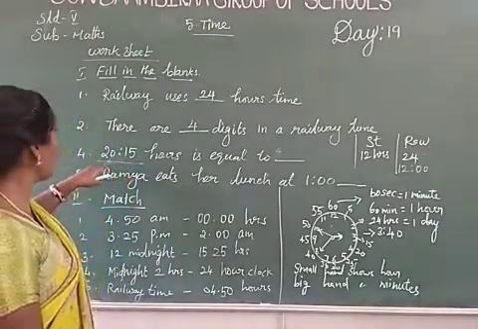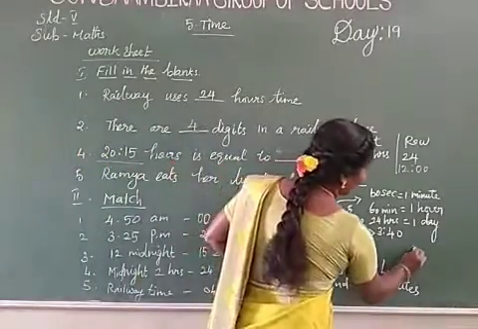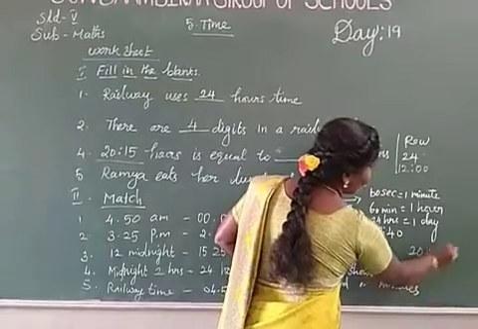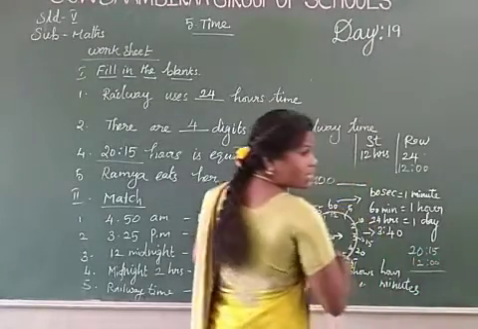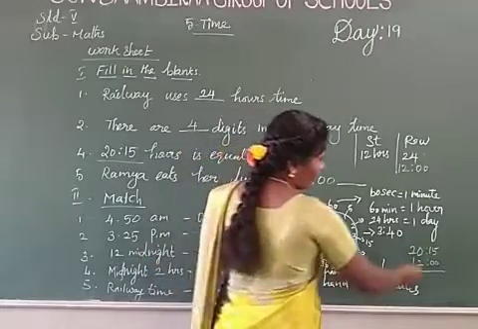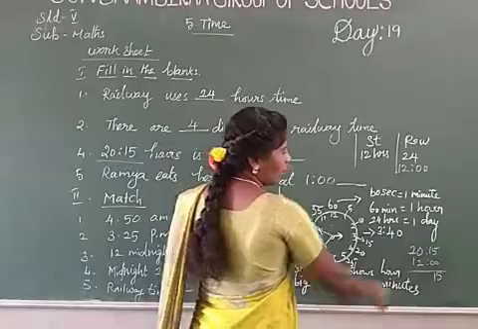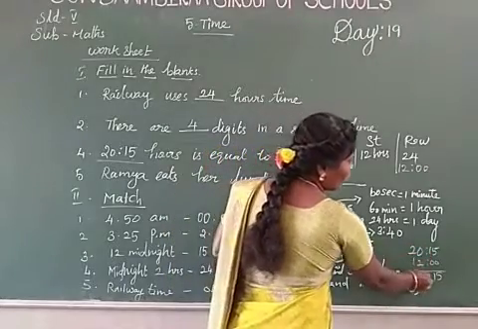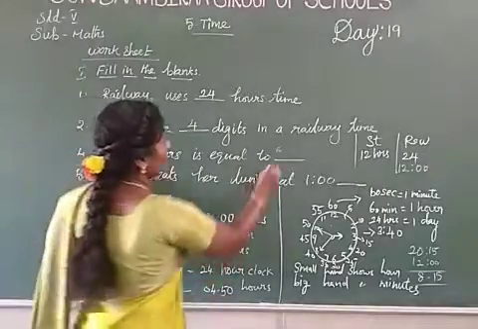So convert it to normal standard time. Subtract 12 and get the standard time. 15 minus 0 is 15. 20 minus 12 is 8. So the answer is 8 o'clock 15 minutes.